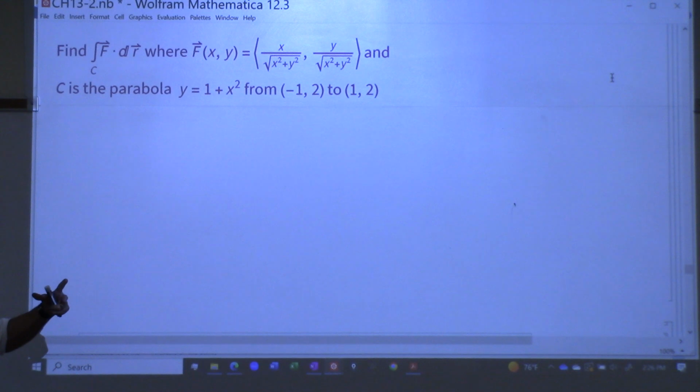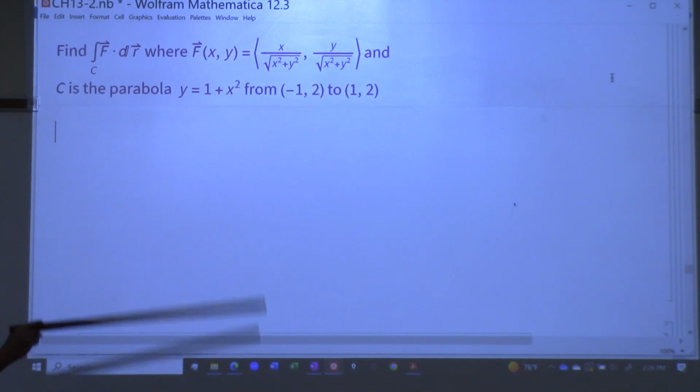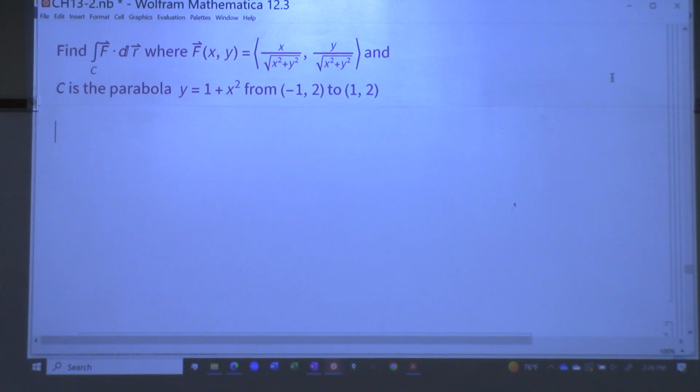But in mathematics, it's more general, more abstract. So we're going to try and find this line integral, or this integral of the vector field along this curve C, and it's the same formula we just used.